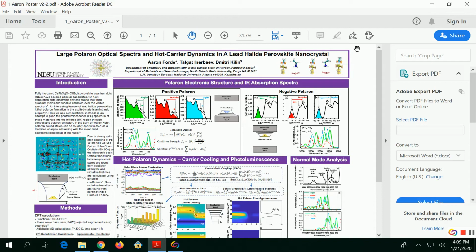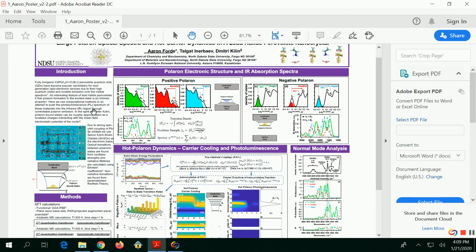And then the most provocative idea from this work is trying to get photoluminescence from this area, because infrared photoluminescence doesn't appear in a lot of materials. So if you could somehow get efficient IR photoluminescence from a polaron, that would be an interesting idea for further research.